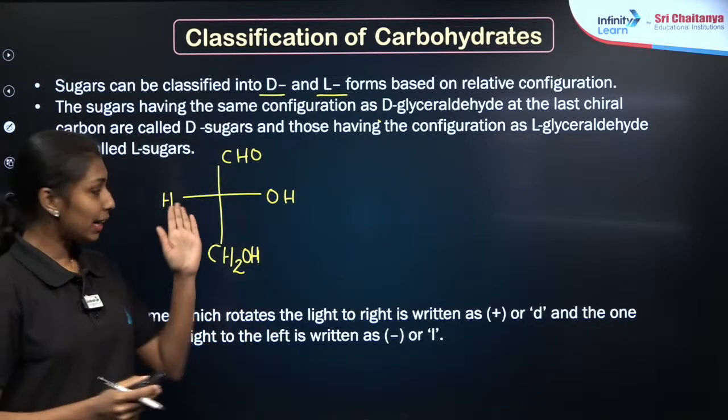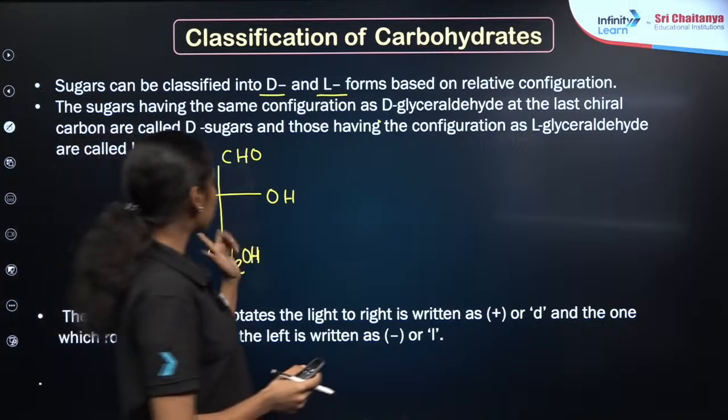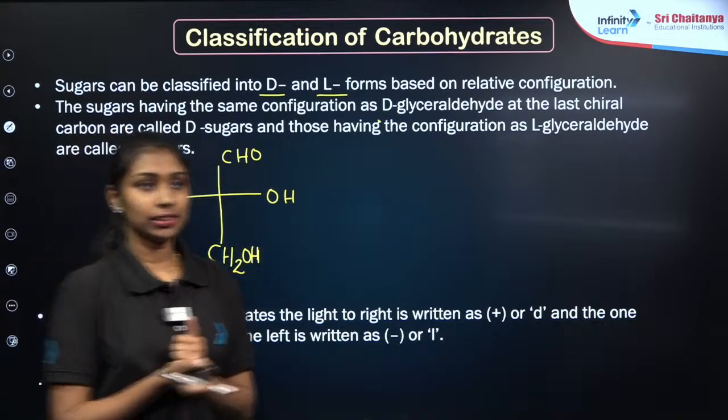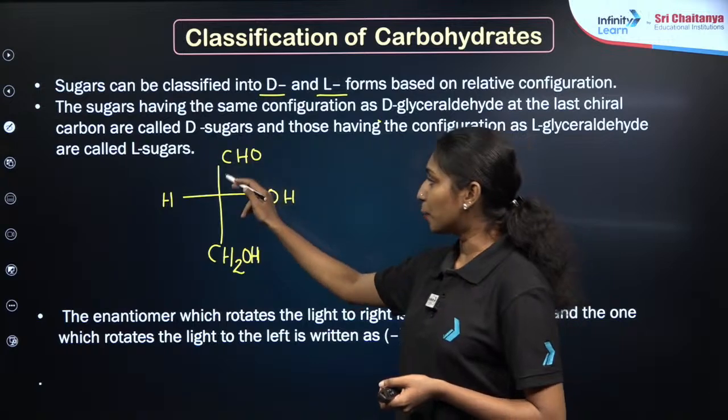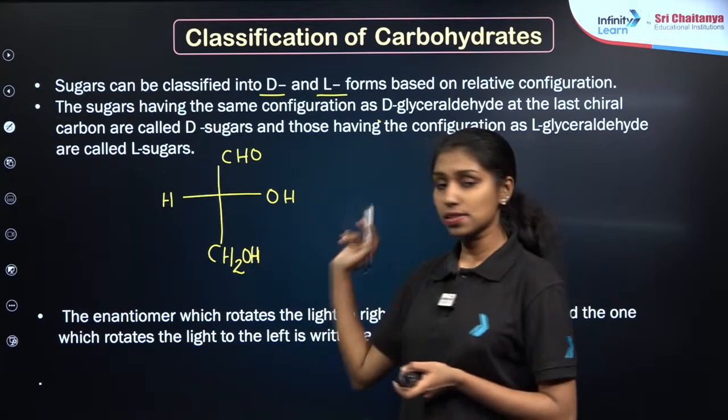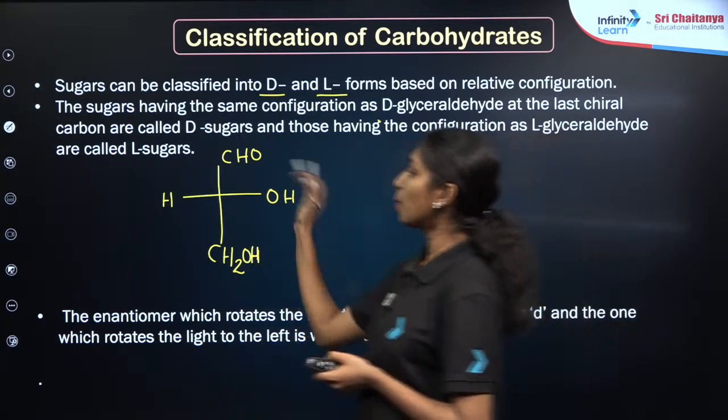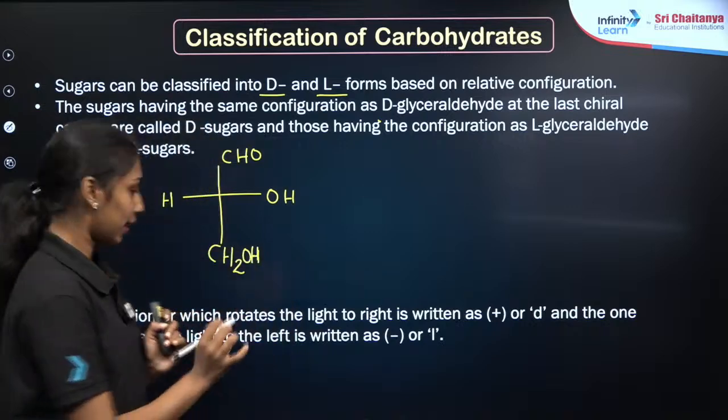If anyone has an idea about this compound, what is this compound's name, any idea? It contains an aldehyde group, CHO, and it also contains a CH2OH group. So this compound is known as glyceraldehyde, right?